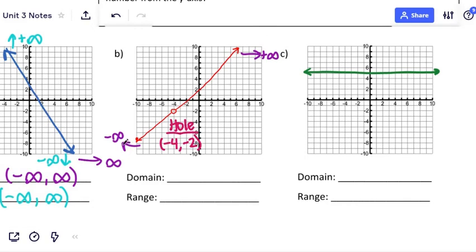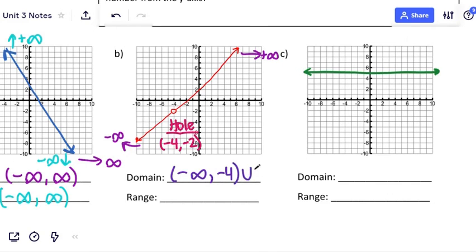So what does that look like as I go from the left to the right? I'm coming from negative infinity. That's my smallest value. But as I move along in my graph, I get to the x value of -4, and that value is not included in my domain. So I'm going to go from negative infinity, stop right before -4, not include it.